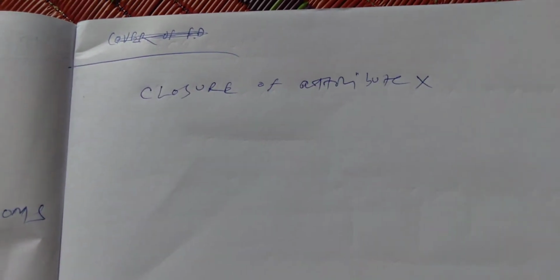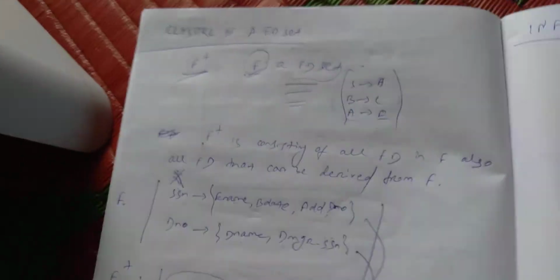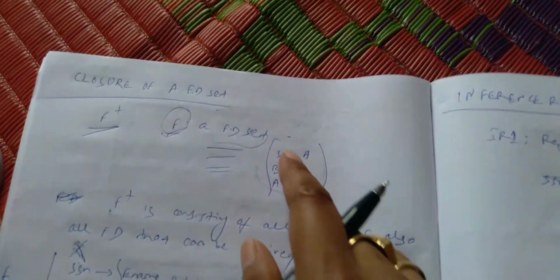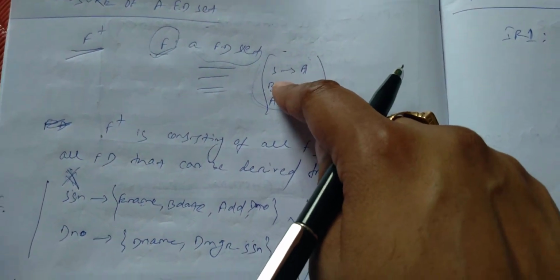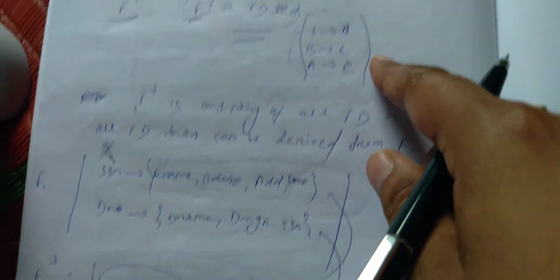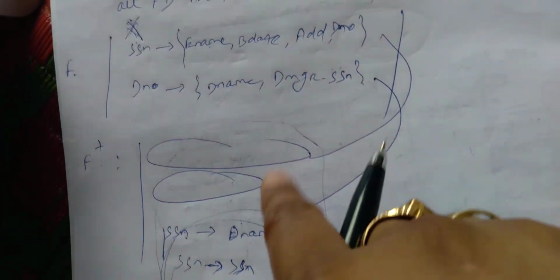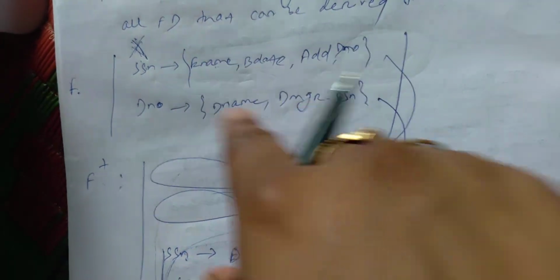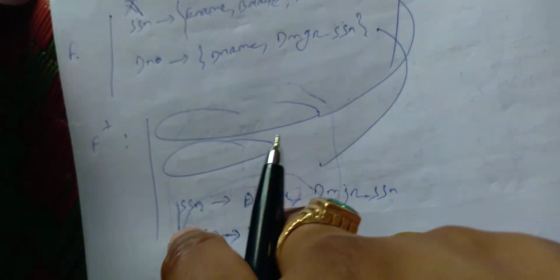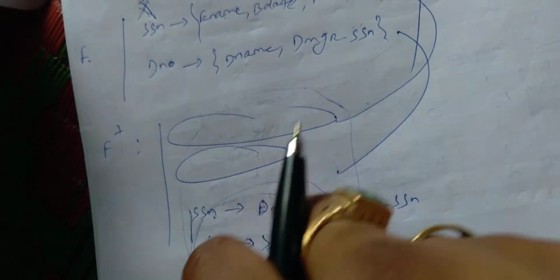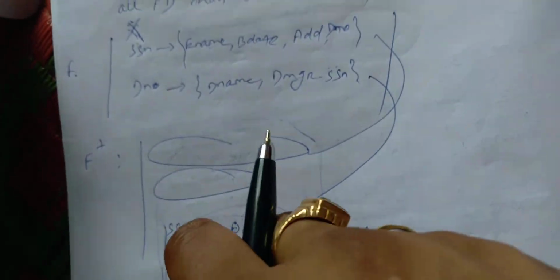That means there are two things. Previously we saw closure of functional dependency set. That means if a functional dependency set contains some functional dependencies, you try to derive other functional dependencies that can be derived using inference rules on these functional dependencies. That will be forming the closure of the functional dependency set.